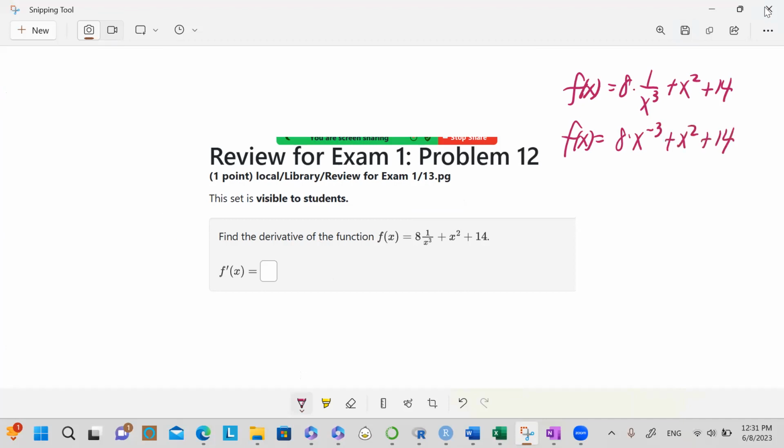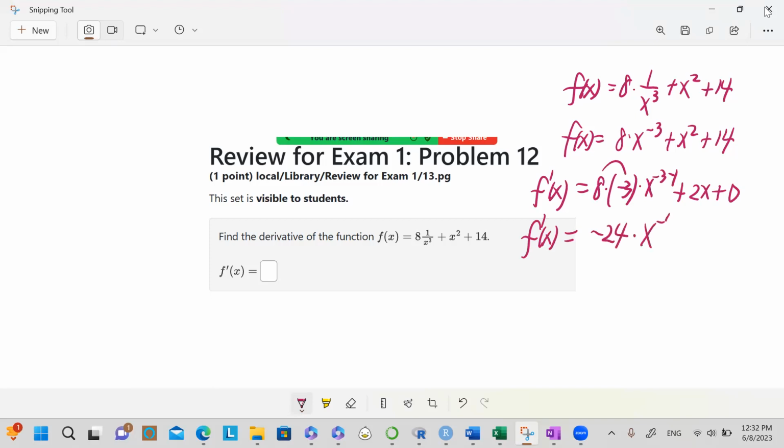Then we find the derivative using the power rule. Although it's a negative power, no problem, right? We just treat it as a power. The 3 goes in the front, and we reduce the power by 1. The second term becomes 2x. The third term becomes 0. And we just simplify afterwards. 8 times negative 3 is minus 24.